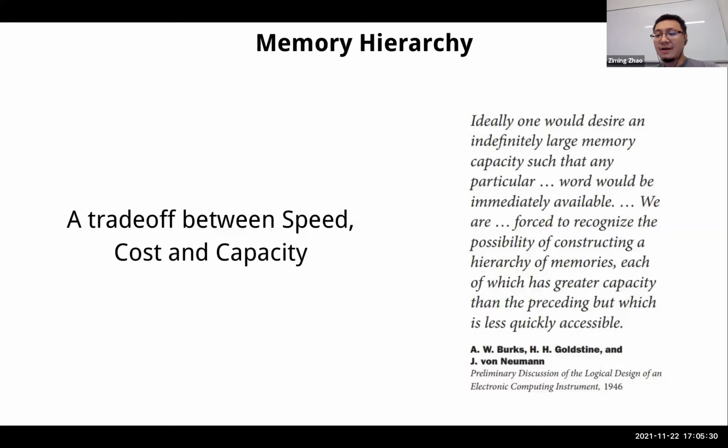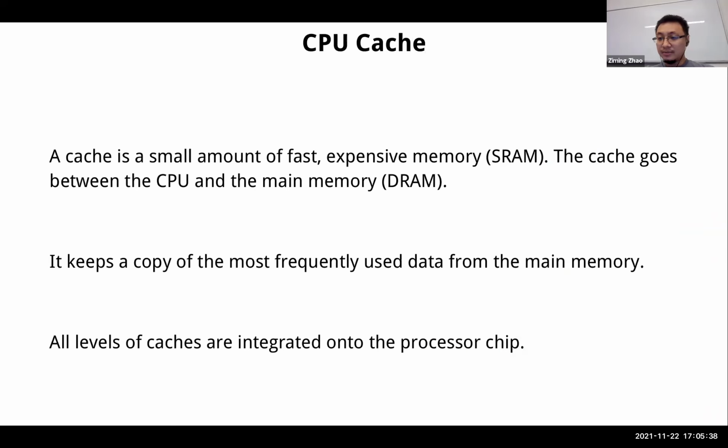So we do not have to always search for the data we want in the slower storage like the DRAM. Then CPU cache is such a faster storage because it's part of the CPU. It's made of very expensive SRAM. So it's as fast as the CPU, and it's much faster than the DRAM.